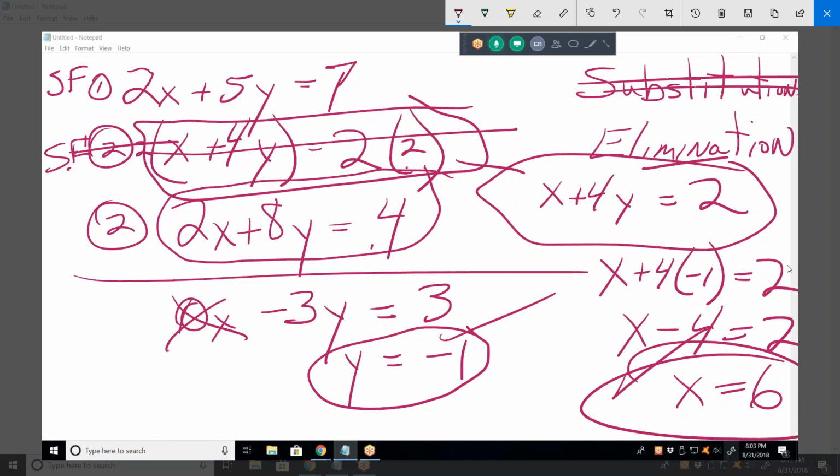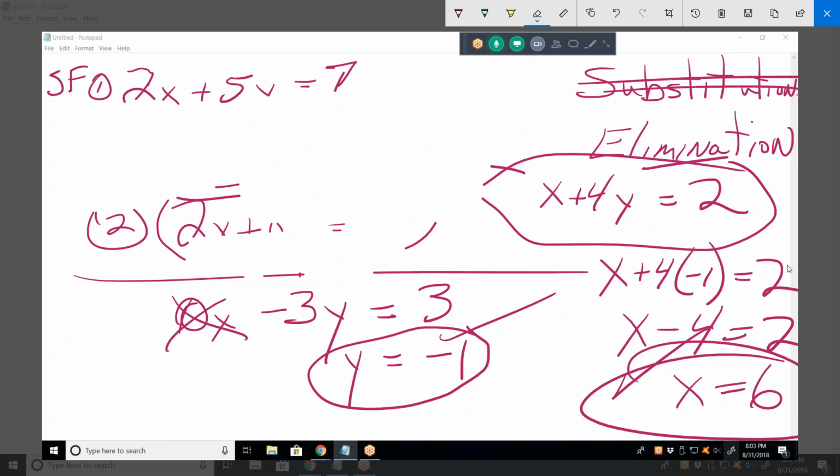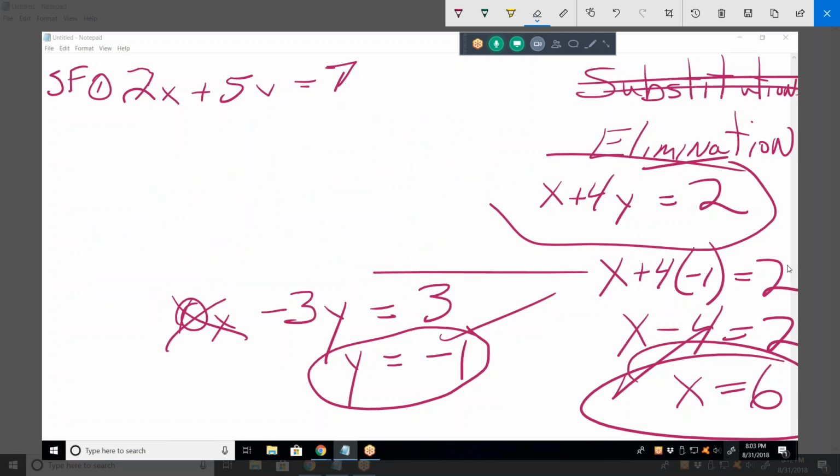Okay? Now, let's go back for a moment. There's actually a slightly easier way to do this problem. The reason I say that is because everybody I know has more difficulty with subtraction than they do addition.